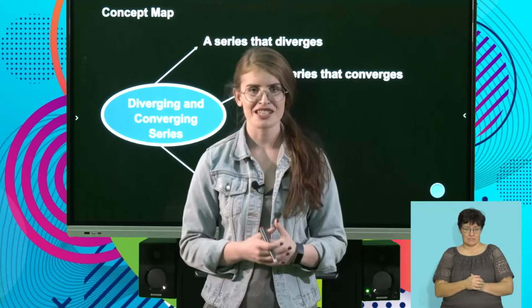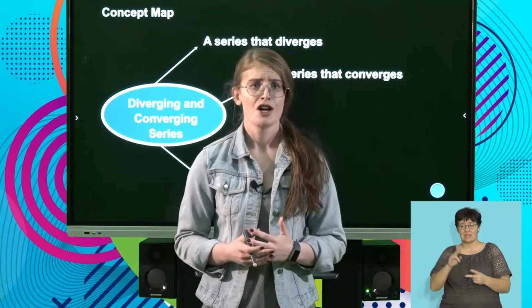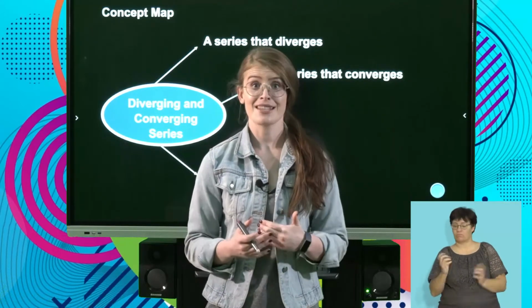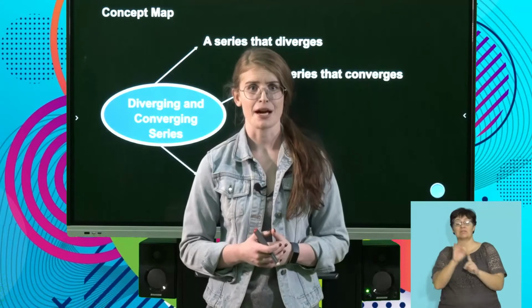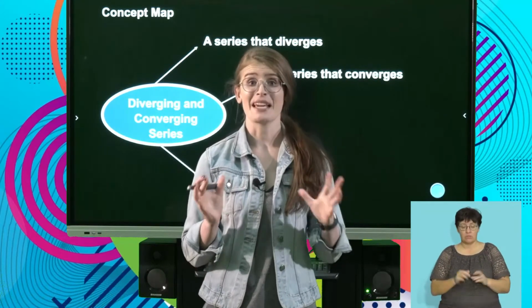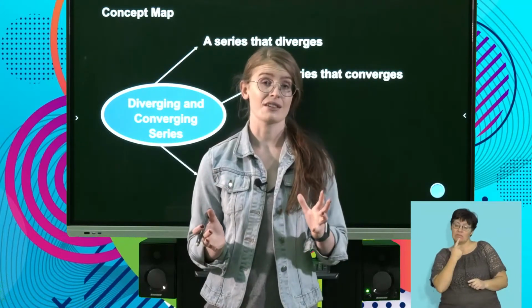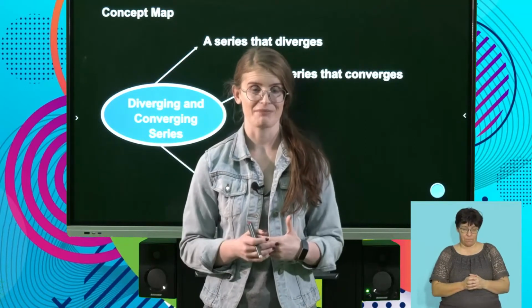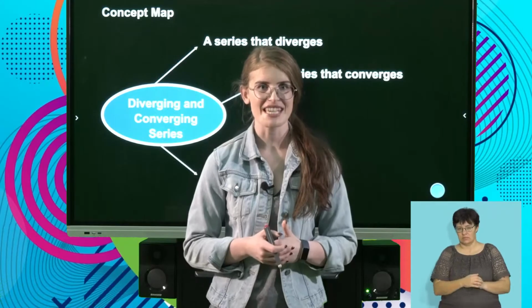A divergent series does the complete opposite. The terms are not getting closer and closer to 0 and the series is not approaching a specific number at all. So hopefully that will make it fairly easy to tell if a series is converging or diverging. Let's define the sum to infinity.